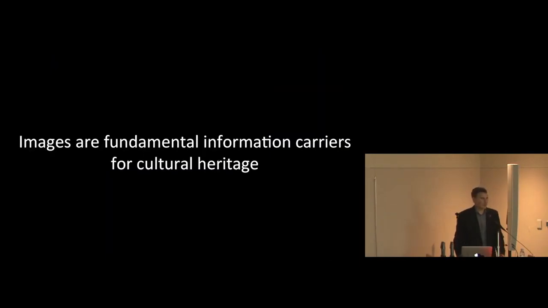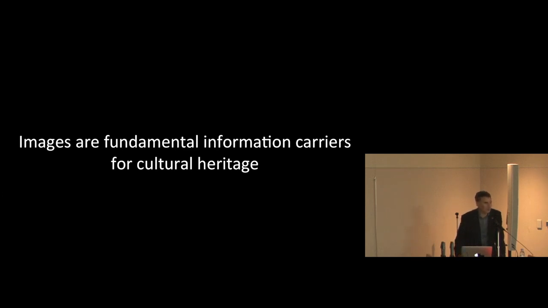So, images, in addition to text, are one of the most important information carriers on the internet. They hold information on the web for everything from museum pieces to books, manuscripts, newspapers, maps, art, architecture, music.